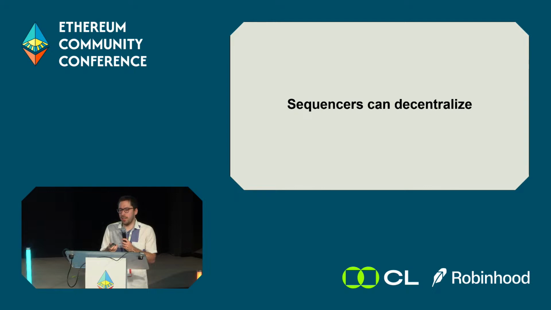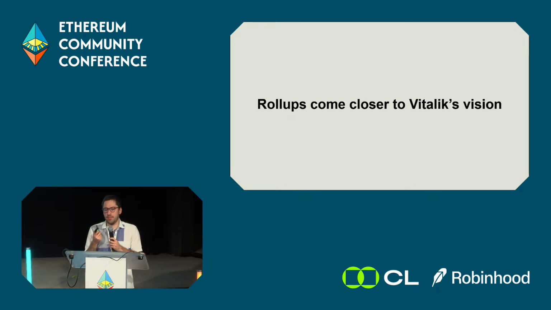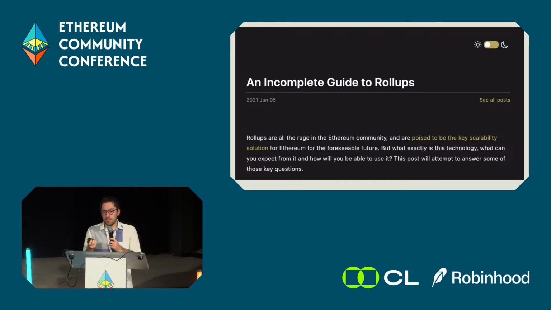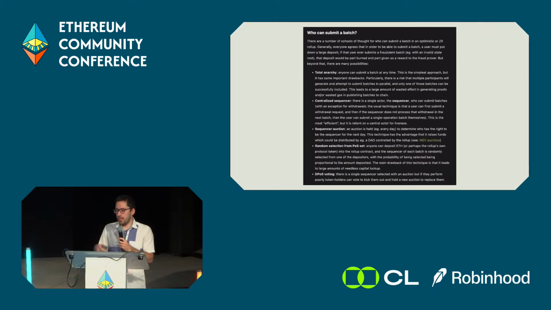You can have a world that is closer to Vitalik's original vision, where in his guide to rollups back in January 2021, way before the rollups were even close to being live, he sketched out a bunch of different sequencer designs, ranging from total anarchy, where anyone can sequence at any point, to a smart contract, to the centralized sequencers we know and maybe don't love, but we know them, to proof of stake and sequencer auctions and elections and things along those lines.